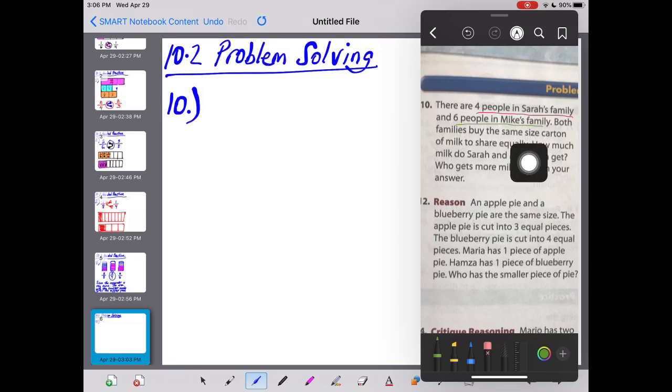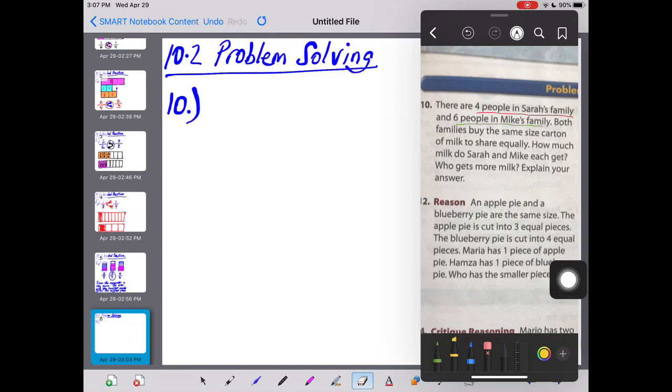And they both share the same size carton of milk. They have to share equally within their family. So I'm going to draw a rectangle to represent, oh, you know what? I'm not going to draw anything right now because you need to work on this first, right? But let's continue looking through here and so you can get started. They have to share that equally.